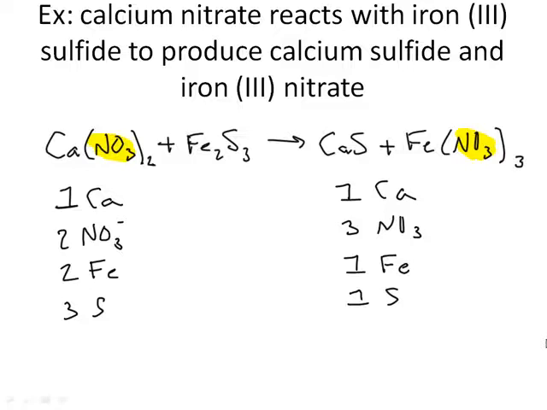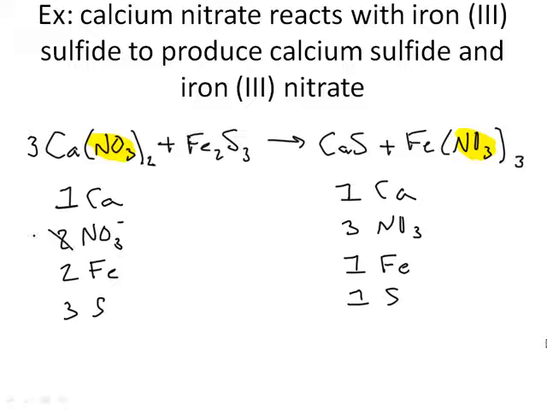And I see that on one side I've got 2 and the other side I've got 3. And it's difficult to turn 2 into 3 and 3 into 2. So instead of trying to do that, I'm going to think about my lowest common multiple of 2 and 3, which is 6. And figure out coefficients so that each nitrate turns to 6. So on the reactant side, since I have 2 nitrates, I'm going to put a 3 out in front of the calcium.